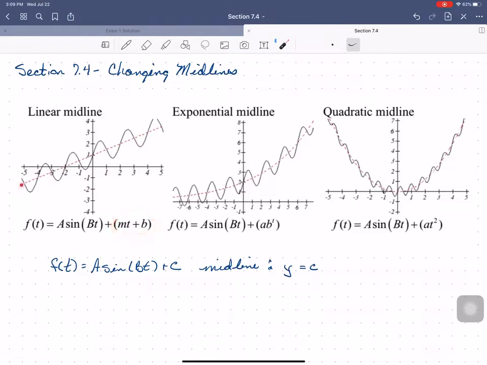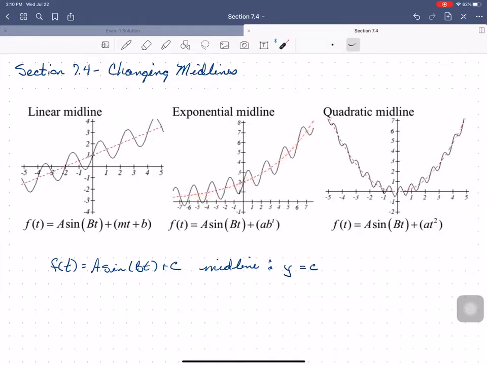In other words, this is the line y equals mt plus b, and my sine function is oscillating around that slanted line. If I have an exponential function added to my sine function, my sine function then will oscillate around an exponential curve.